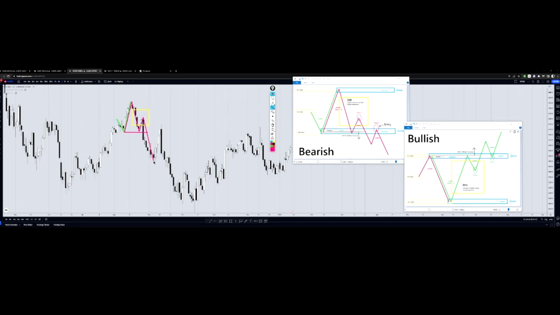We have another expansion, and then phase two comes back to the breaker, and that's the entry. So the target was all of this down here, and that's how I have drawn it out on this. This is the sequence of events that happens.